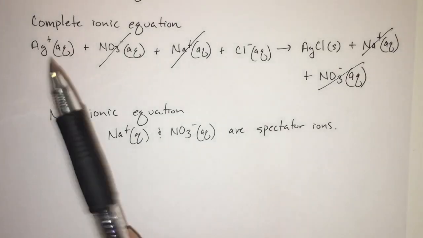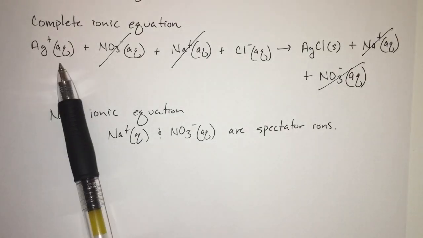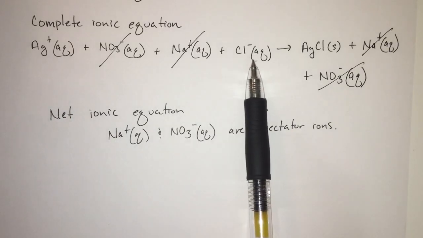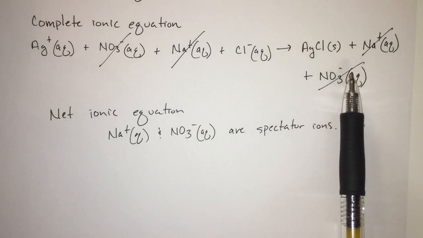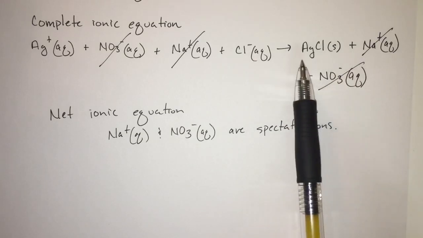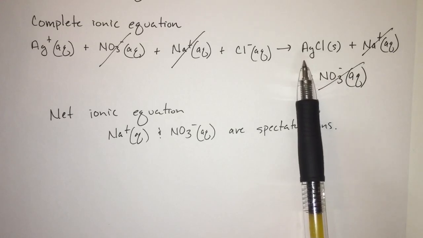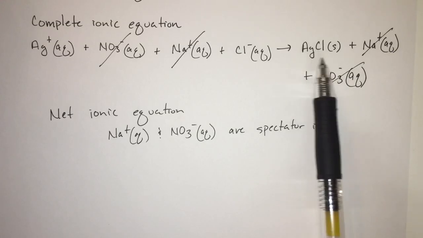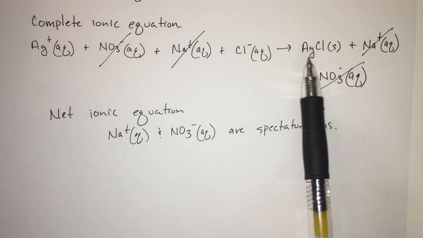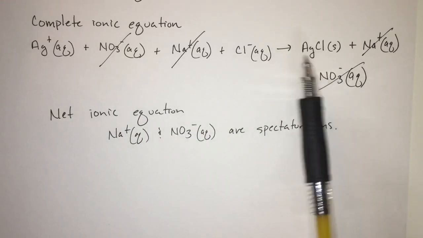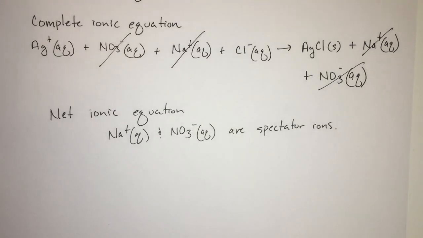But look at this. The silver aqueous and the chloride aqueous are not present on the product side. Yes, there's a silver chloride solid, but this is not silver aqueous and chloride aqueous. The silver chloride is together. So notice that these do not cancel each other out.